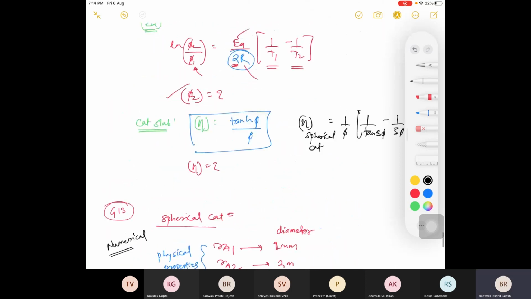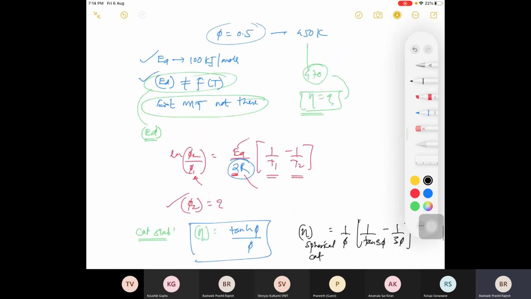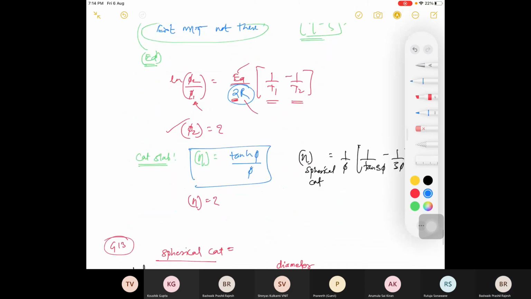By the way, did you get the answer for this previous question? Sir, phi 2 is equal to 0.88. And then effectiveness factor 0.38. Effectiveness factor is tan h phi upon phi.